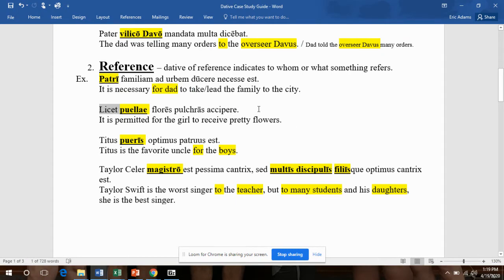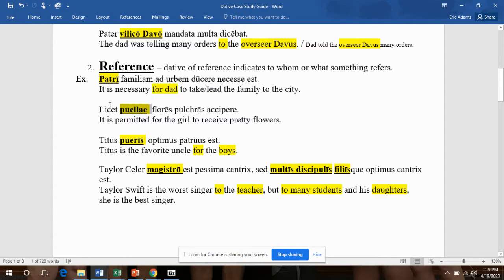So it's translated, obviously, as it is permitted, but what the it actually is, is the act of the infinitive accipere. So it is permitted to receive, to accept the pretty flowers. And then the question would be, for whom is it permitted? For the girl.